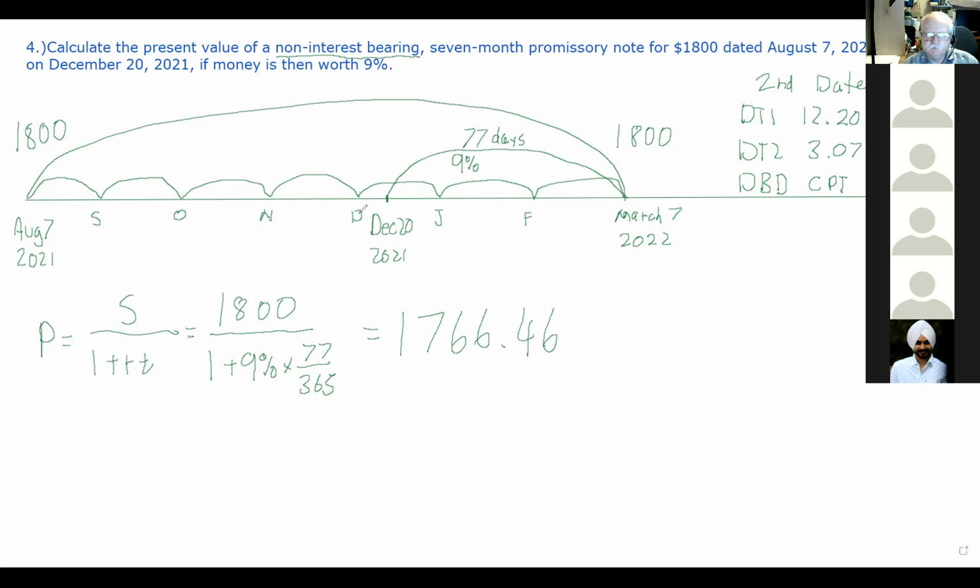The person who buys the bill on December 20th knows that it matures to $1,800. They also know that they want a 9% return on their money. So they need to know how much they are willing to pay for this piece of paper. It collects interest for 77 days and becomes worth 1,800.